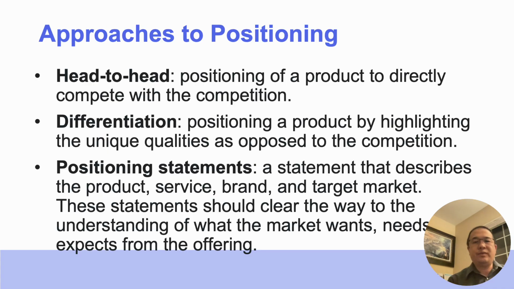Here are 3 examples for positioning. Example 1, Volvo. It's for families. Volvo is a premium automobile that provides outstanding safety because it is engineered with advanced safety technology. Example 2, Tesla. It's for environmentally conscious drivers.